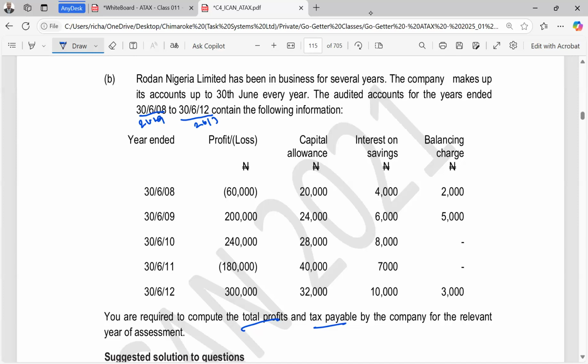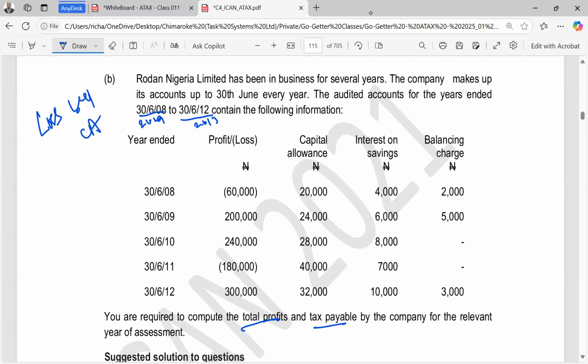Balancing charge is also something that increases your taxation. If there was a balancing allowance, it will be falling under capital allowance too. So we said the rule here is loss before capital allowance.